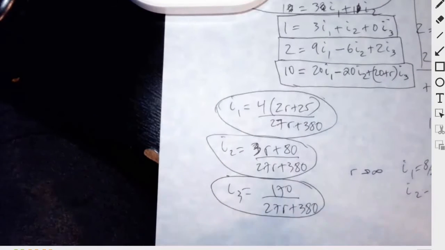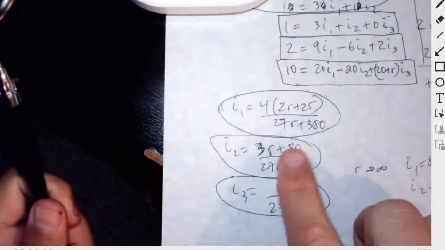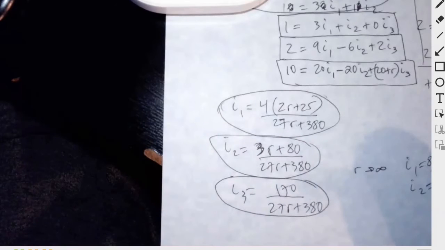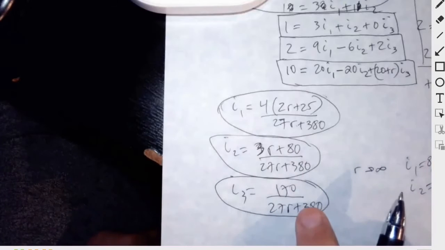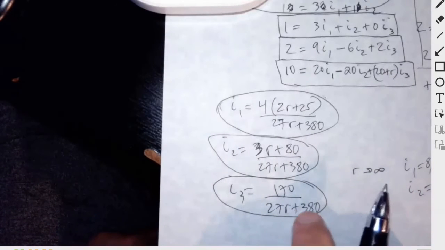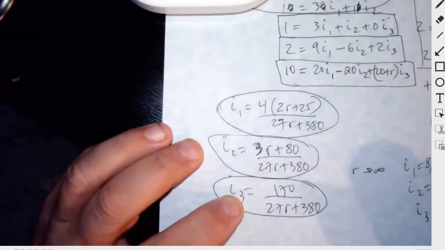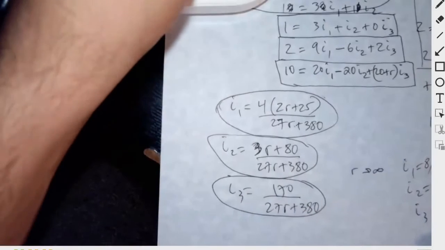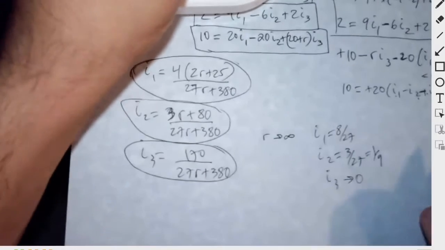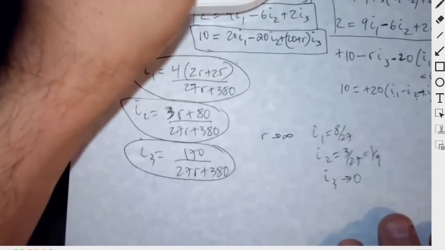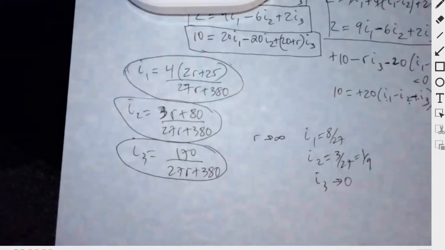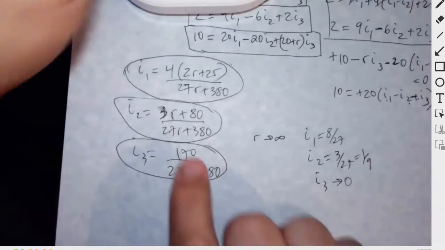I2 would approach what? This would disappear. So 3 over 27, which is 1/9. And then this would disappear, so this would dominate. Oh, of course, I3 would just go to 0 then. Is that the answer we got in the previous example? 8 over 27, 3 over 27 for I1 and I2.